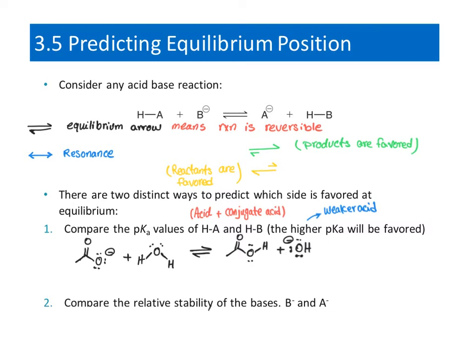So this is our base, which attacks the acid and pushes the electrons. The base, after reacting with acid, is converted to the conjugate acid, and this one is our conjugate base.